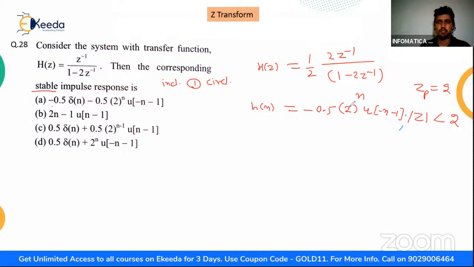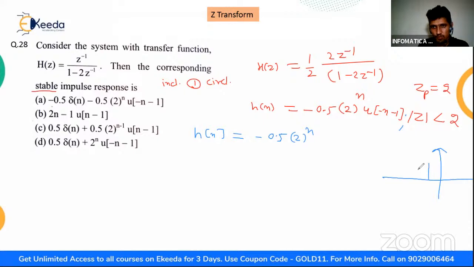This again you can obtain using the time reversal property and the shifting property. So we will rearrange this h[n] because we are unable to see this as an answer directly. So we will just rearrange it. Minus 0.5, 2 raised to the power n and u of minus n minus 1. This signal is basically starting from minus 1 and going towards the other direction.